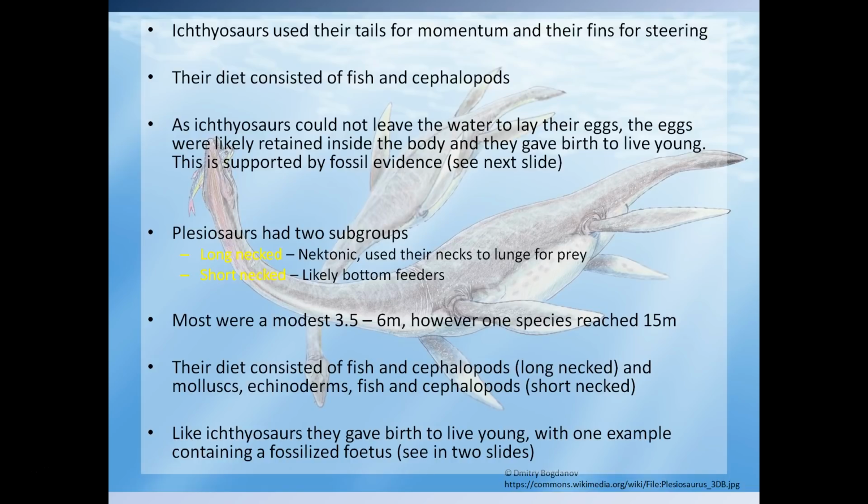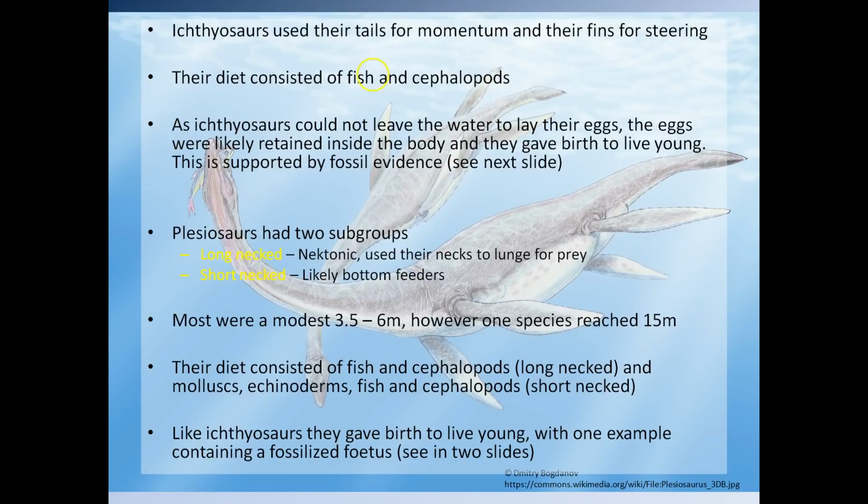But if you can't leave the water, then that obviously brings about the question of, well, how did they breed? And it would seem that ichthyosaurs had the capacity to give birth to live young. So it would seem that the eggs were retained inside the body, and the young were produced essentially.